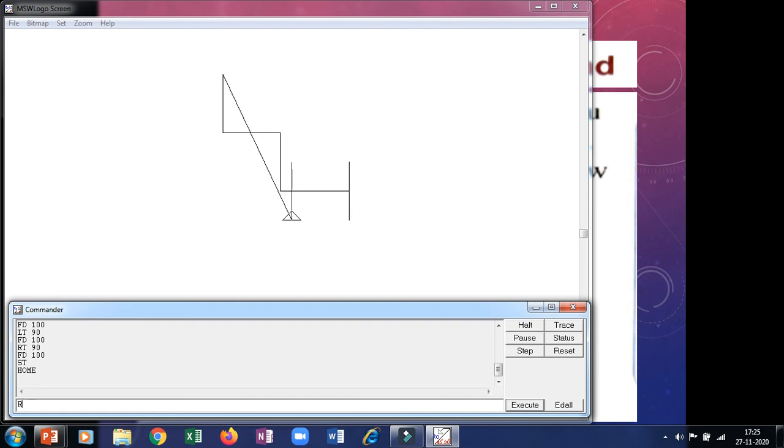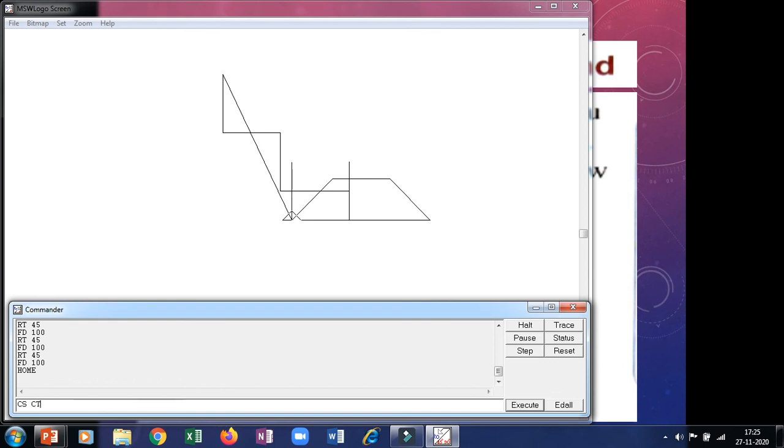We'll write RT 45, FD 100, FD 100. Now let us write home. See, it was here and when I press home it came to the center by drawing the line. Okay, so let us now clear the screen.